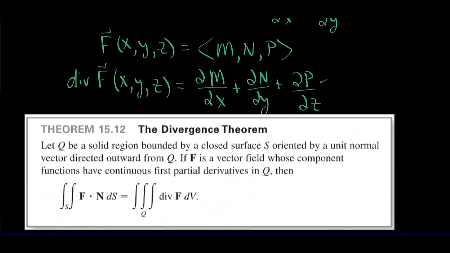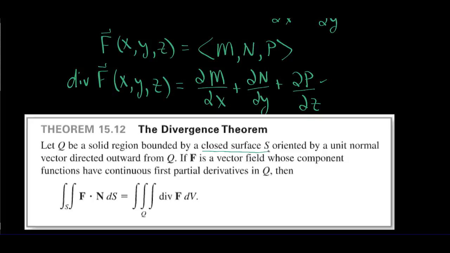Now, this is the divergence theorem. Now, notice carefully. Let Q be a solid region bounded by a closed surface. Now, I think you intuitively know what a closed surface is. A closed surface is like a sphere, or like the thing we just looked at, oriented by a unit normal vector directed from Q. So it's directed outward, from the surface outward.